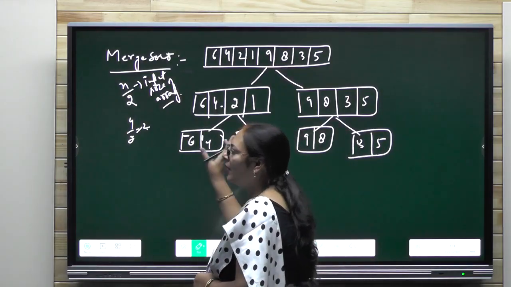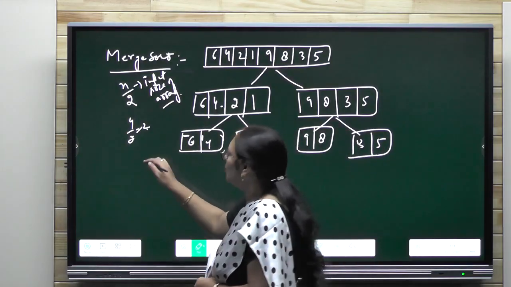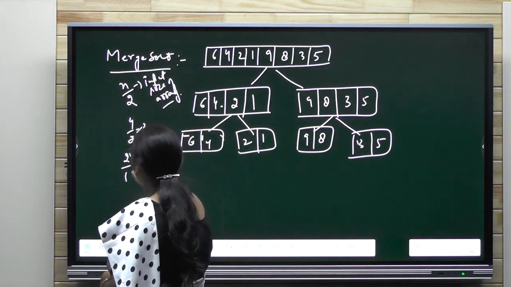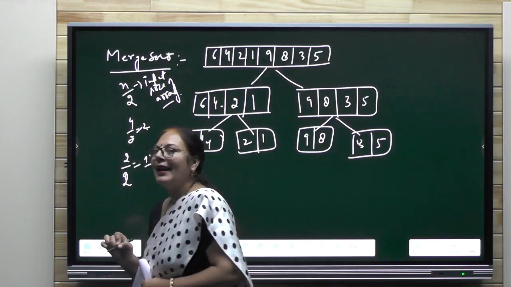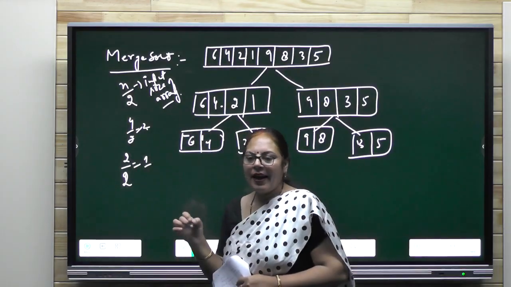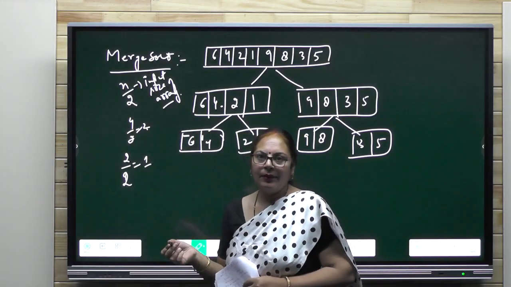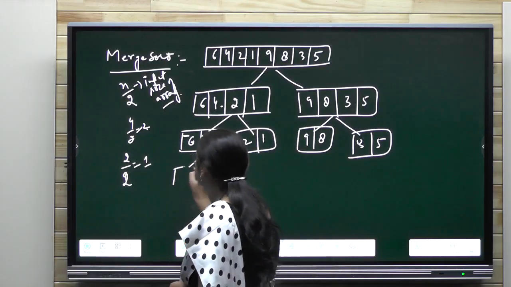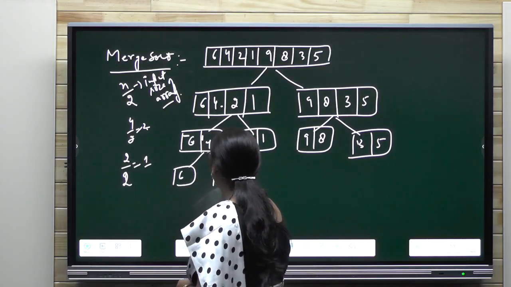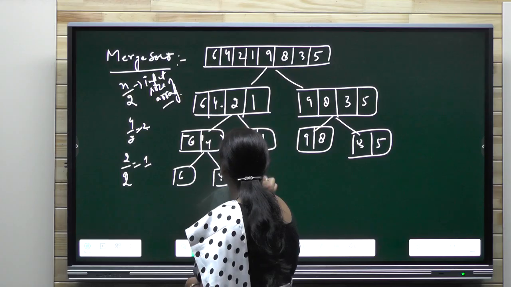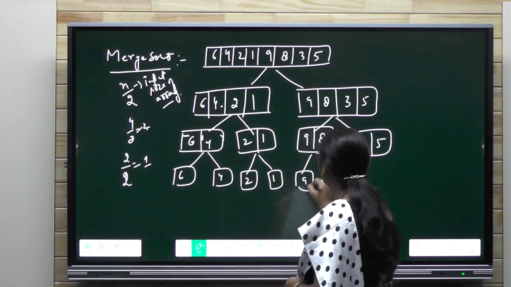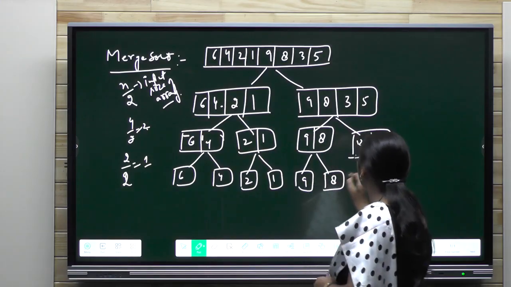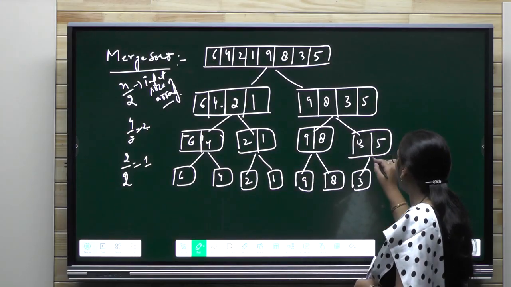Now we have arrays of size 2, and 2 by 2 is equal to 1, that means each array will contain one element: 6, 4, 2, 1, 9, 8, 3 and 5.